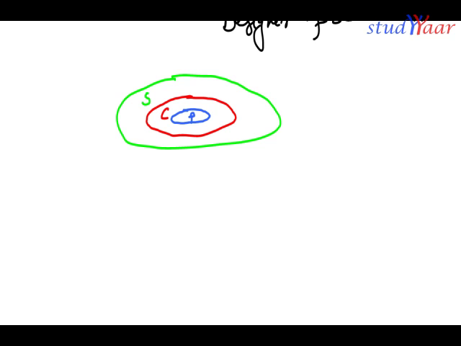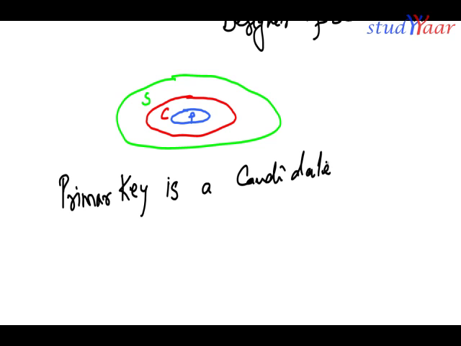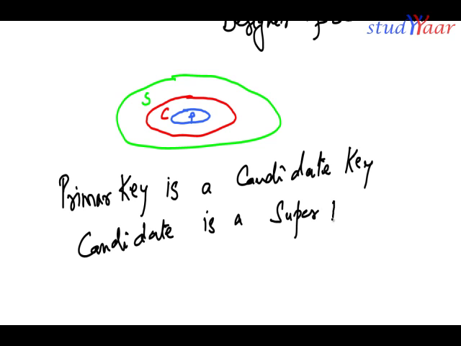So I can say that every primary key is a candidate key. And every candidate key is a super key. Okay? And primary key is obviously also a super key, but it's not vice versa. A super key may not be a candidate key, and a candidate key may not be a primary key.